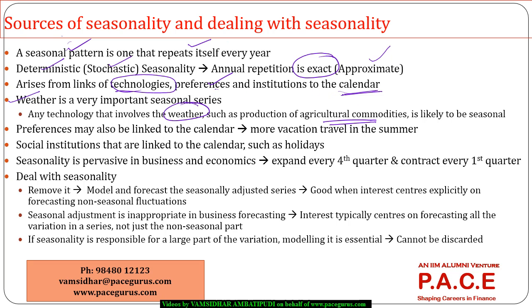Similarly, preferences can be associated with a calendar. I may be interested in travel during summer. More vacation travel may come in summer, or I require woolen goods in winter. I may not use them during summer.